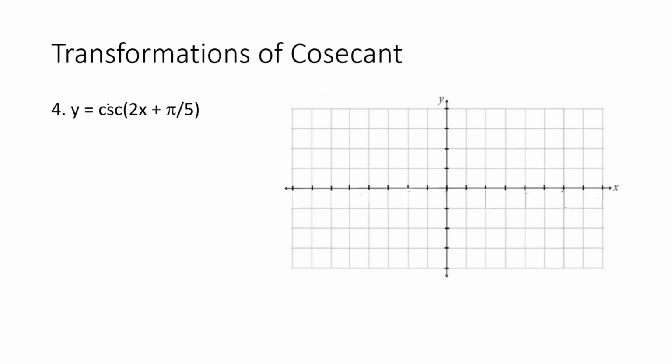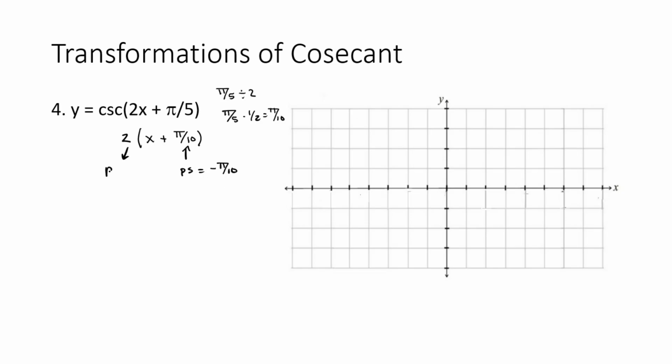So this is going to end up being 2 times x plus pi fifths divided by 2, which makes pi tenths. Okay, so this is my phase shift, and it'll equal pi tenths to the left.